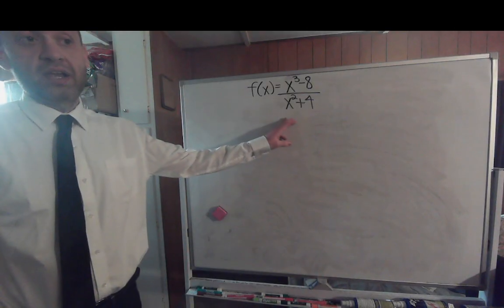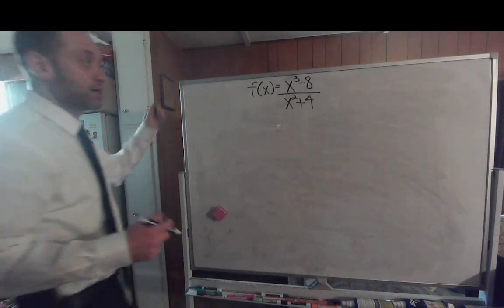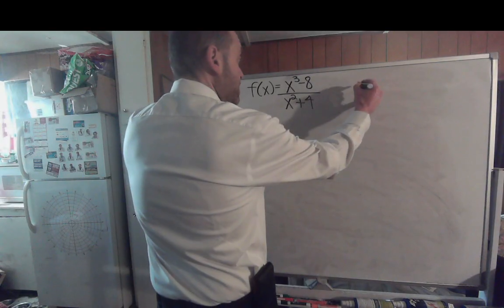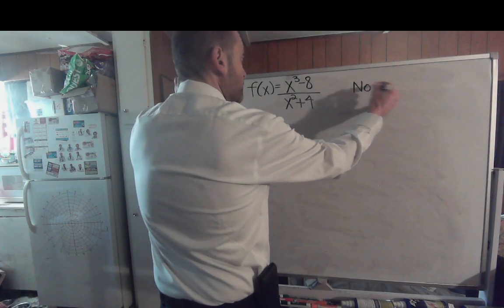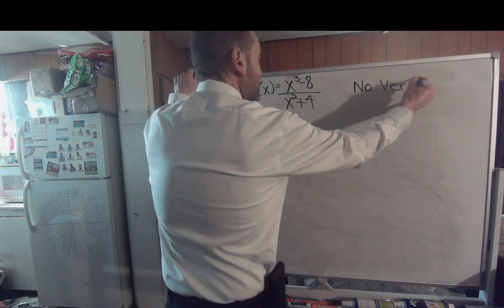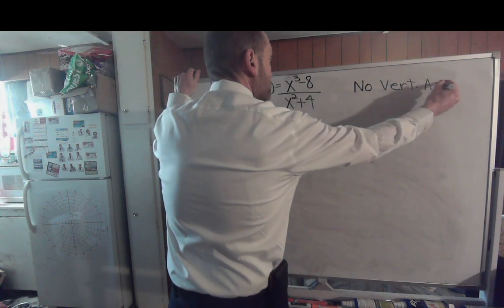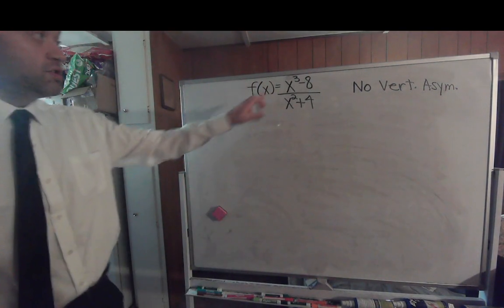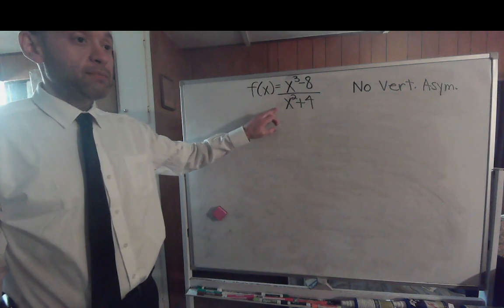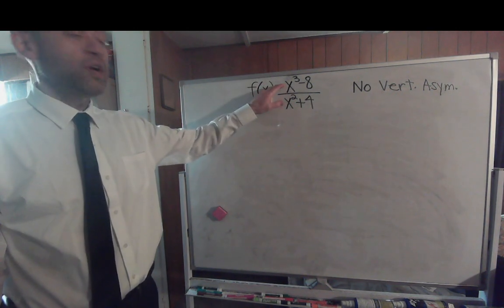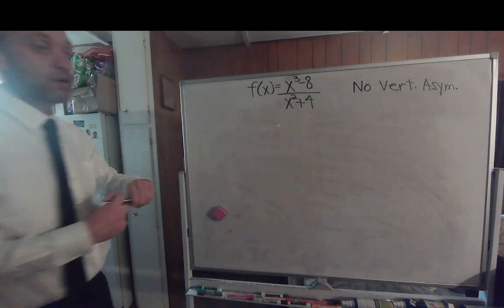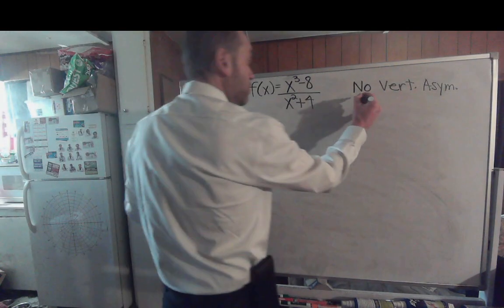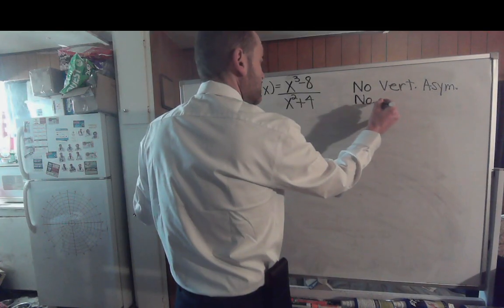There aren't any, because this is a sum of squares, so we actually have no vertical asymptote for once. Now look at the degree of the numerator over the degree of the denominator. The degree of the numerator is greater than the degree of the denominator, so we don't have a horizontal asymptote.